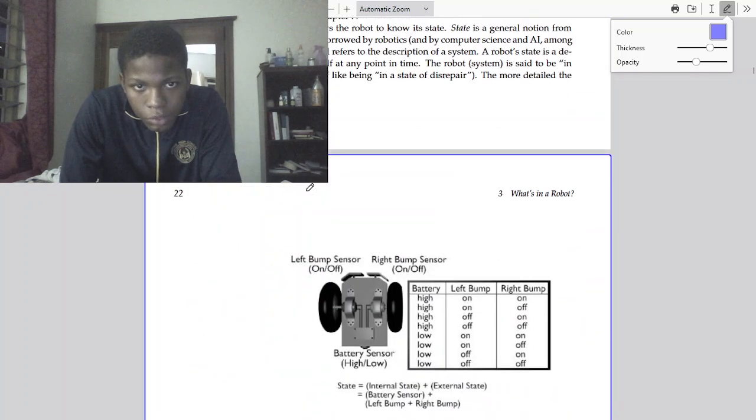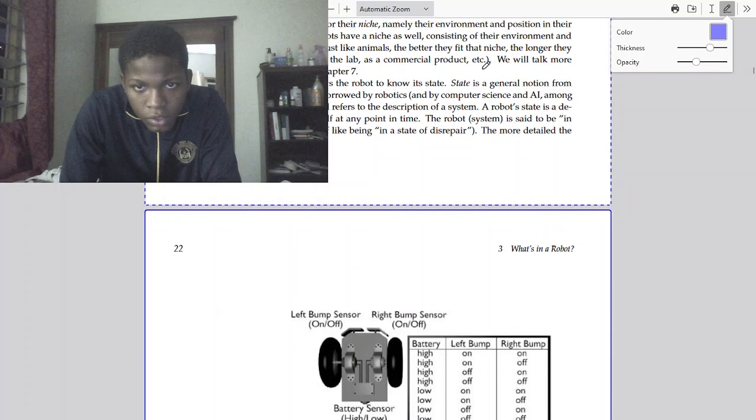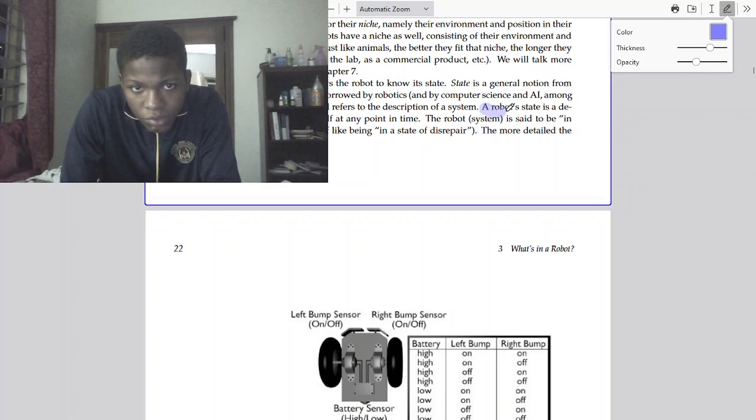Alright, so let me go up here and highlight the segment. So a robot state is the description of itself at any point in time. Let me get that. Robot system is said to be in a state.